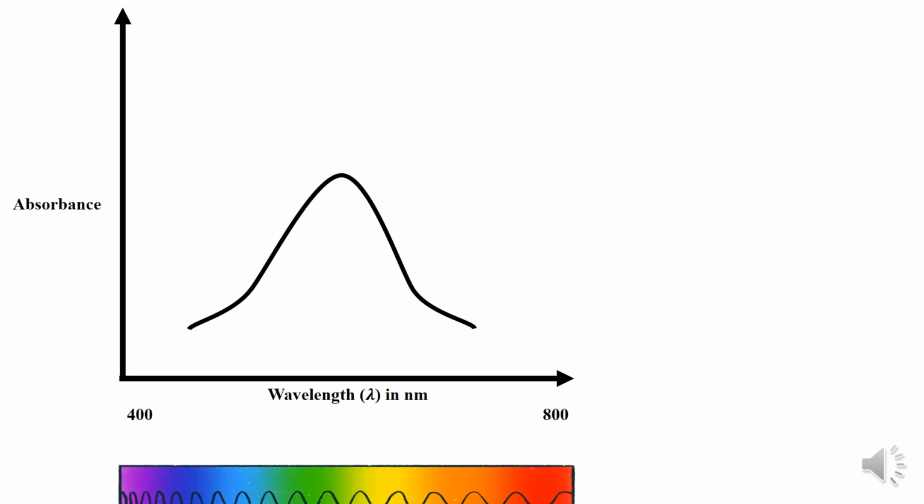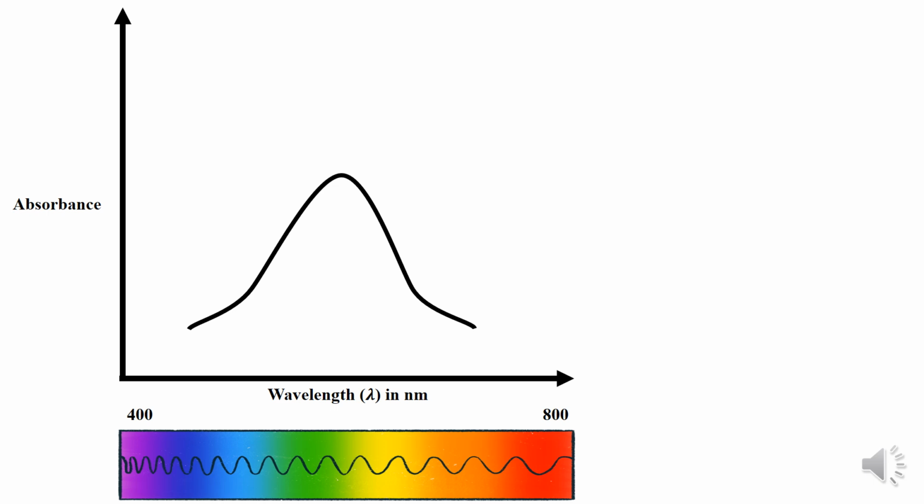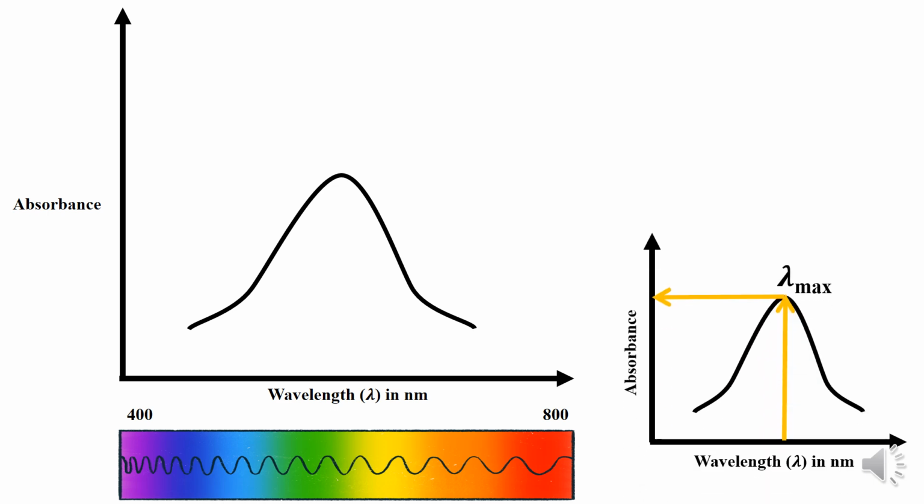But this time you will be making use of the visible region whose wavelength ranges from 400 to 800 nanometers. We have already learned that lambda max is the wavelength where there is maximum absorption of radiation by the drug substance or the molecule of interest that is being analyzed.